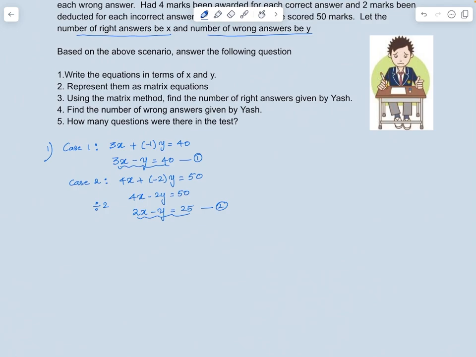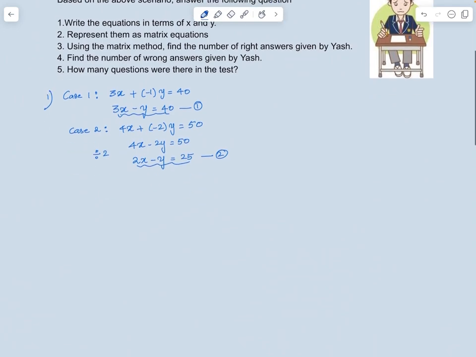Question 2. Represent them as matrix equations.